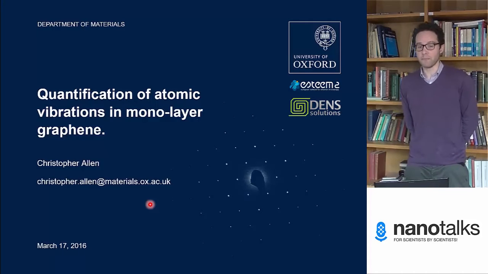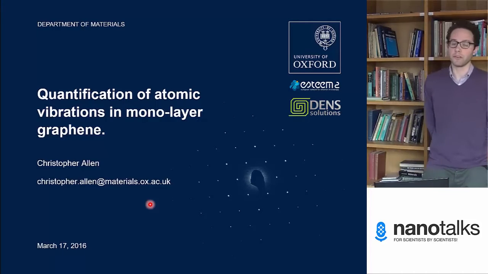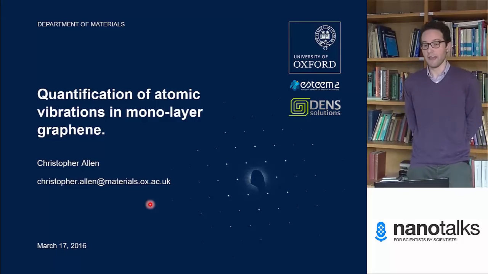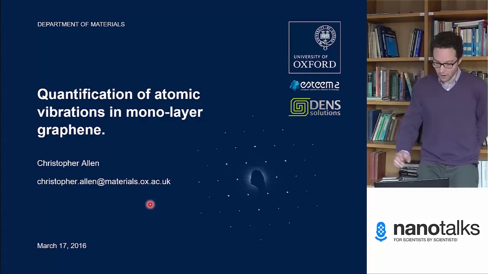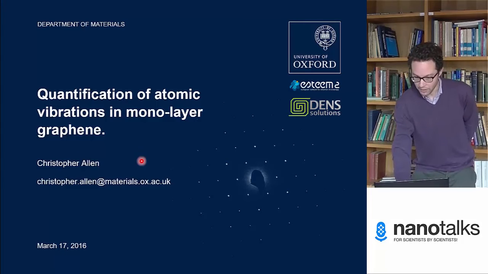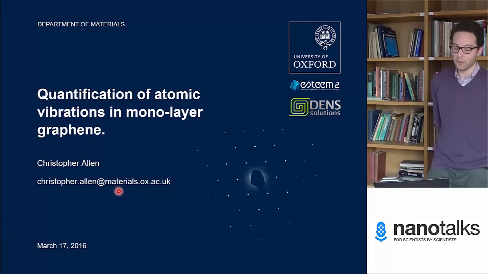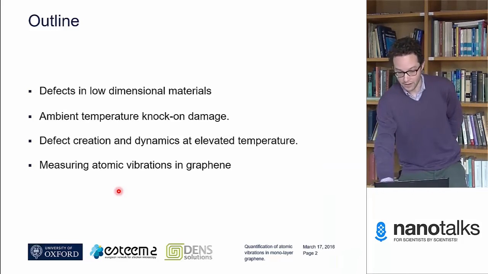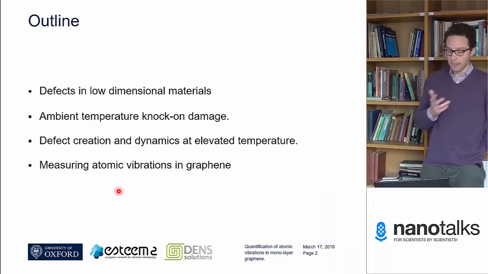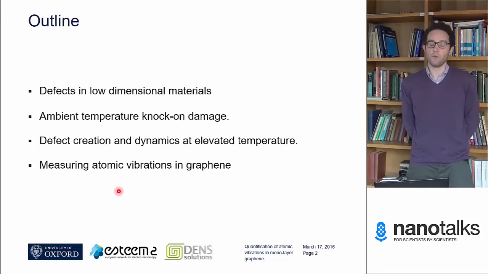Primarily we'll be looking at diffraction patterns today, but we've done a lot of work on this microscope studying defects in graphene at low acceleration voltages. Okay, so I'll get on with the talk. As I said, we're going to be talking about quantification of atomic vibrations in mono-layer graphene. I'll start with an introduction to the work we've been doing over the last few years, concentrating on understanding defects in low-dimensional materials, primarily graphene.